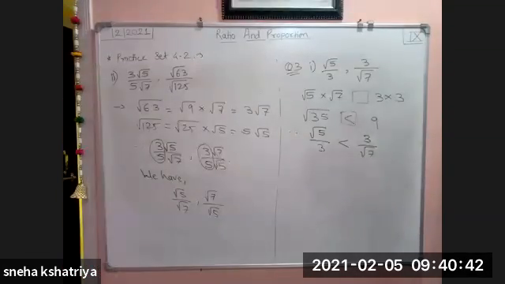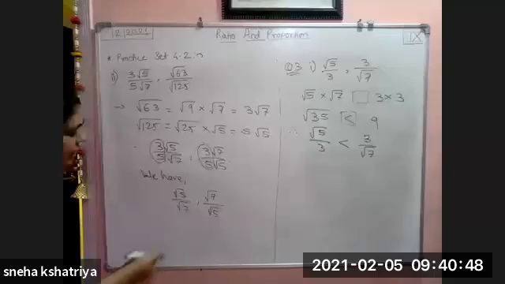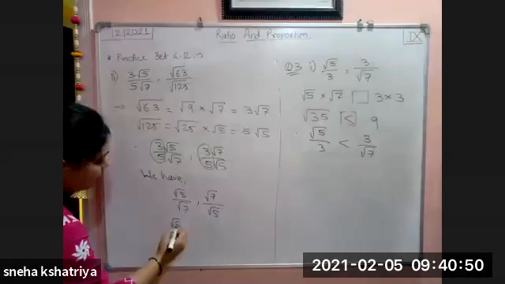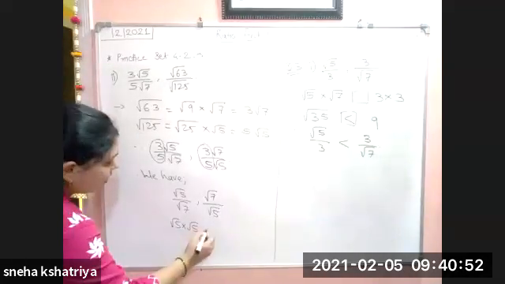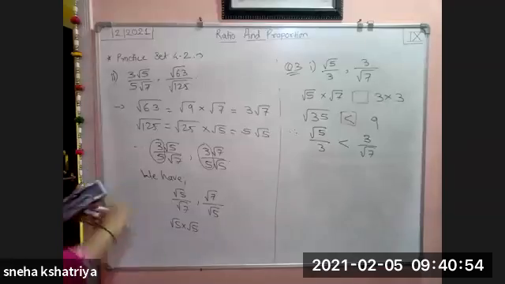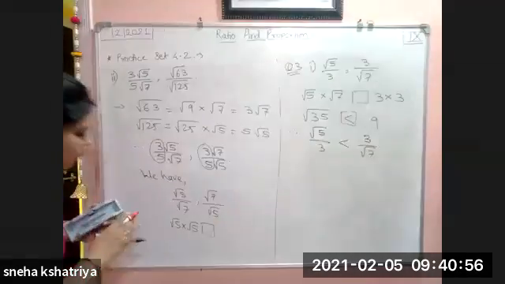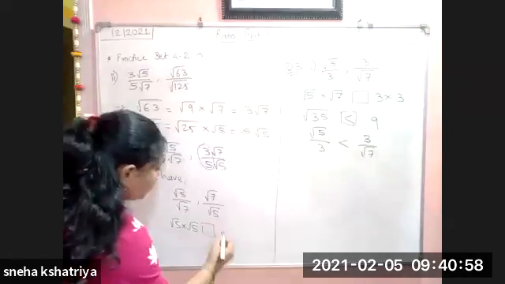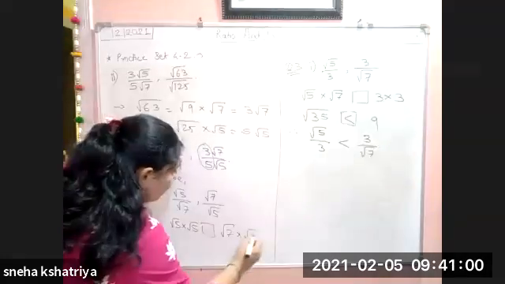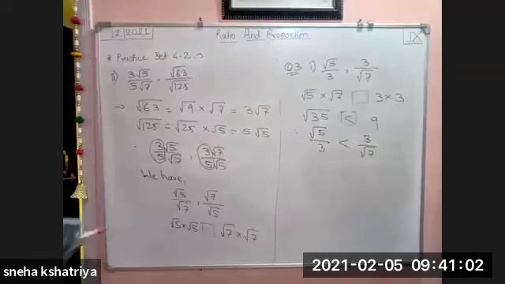Now it is easy to compare. Now you can cross multiply them. Root 5 multiplied by root 5, with a box in between because we don't know the sign. What sign comes in between, that only we have to find out, which is greater and which is smaller.